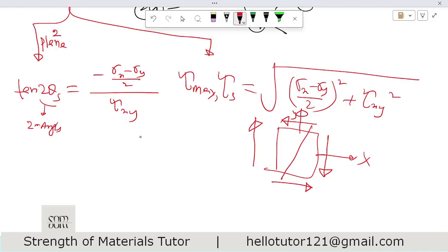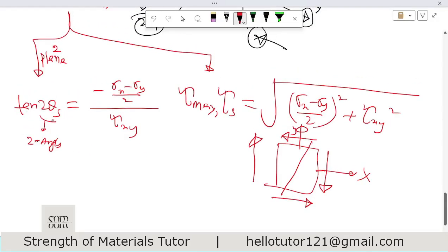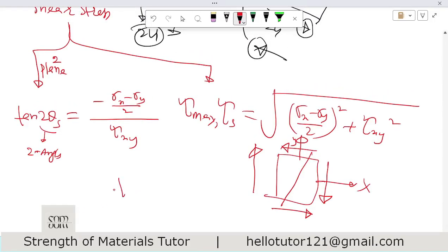Now let us compare the plane of maximum shear stress with the principal planes. From my previous classes, if you remember, we know tan 2 theta principal is equal to tau xy divided by (sigma x minus sigma y) divided by 2.